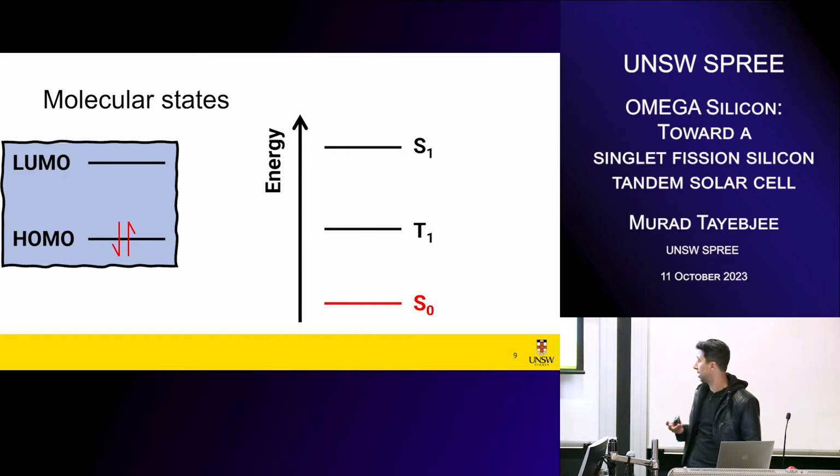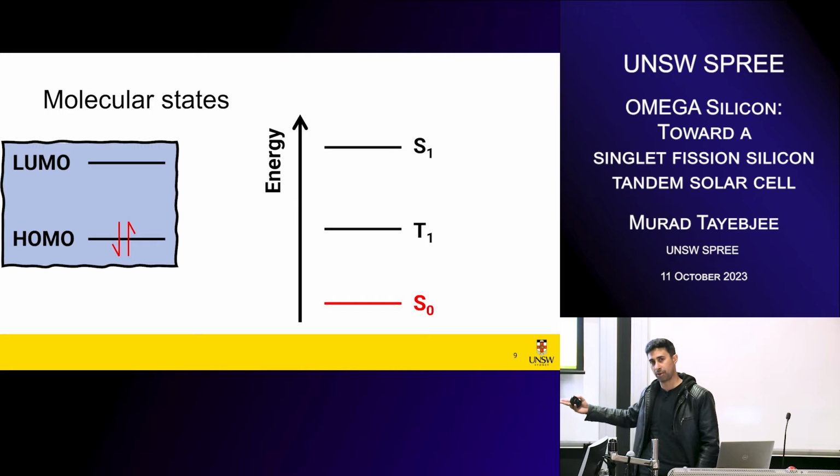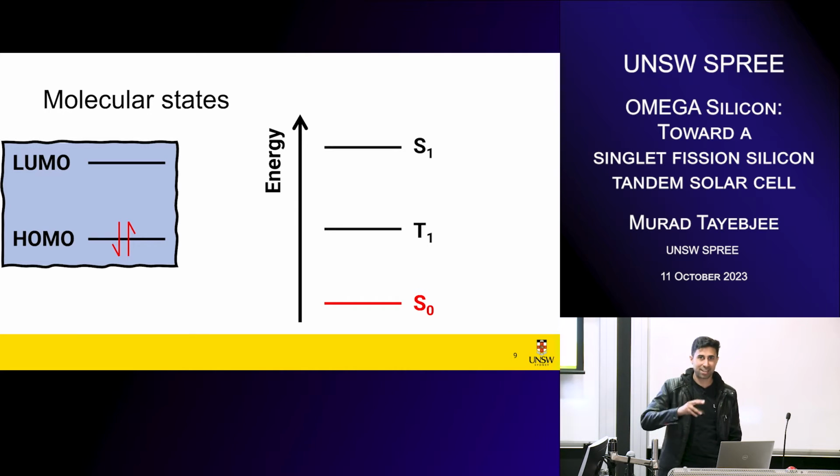And on the right-hand side, I have what's called a molecular state diagram. Just so you get a good understanding of this, we put electrons into molecular orbitals, but the molecular state is made up of all those electrons being in those orbitals. So the S0 state, which is the lowest energy state of our molecule, tells you that you have two electrons in your HOMO.